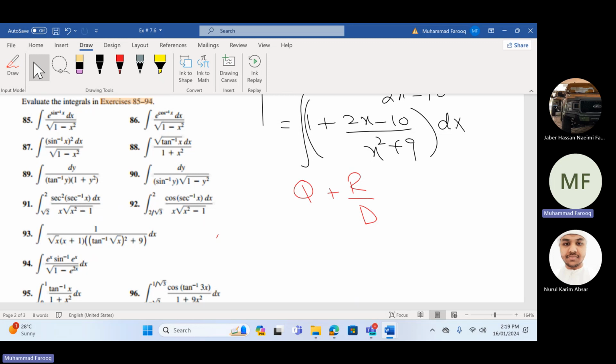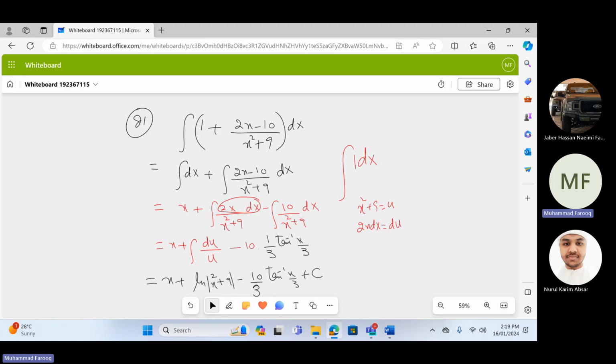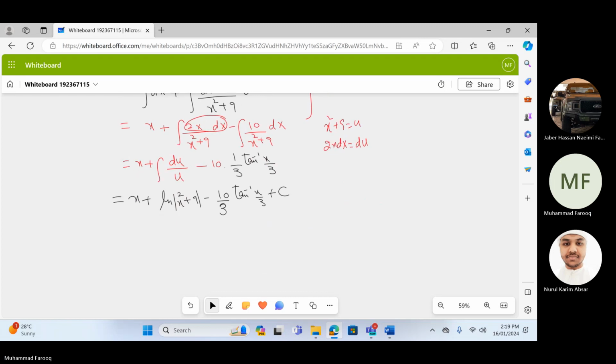Do you understand, please? Sir, please repeat from where we got the 1/3 tan inverse. Right. So basically here, this is my a squared, which is 9.